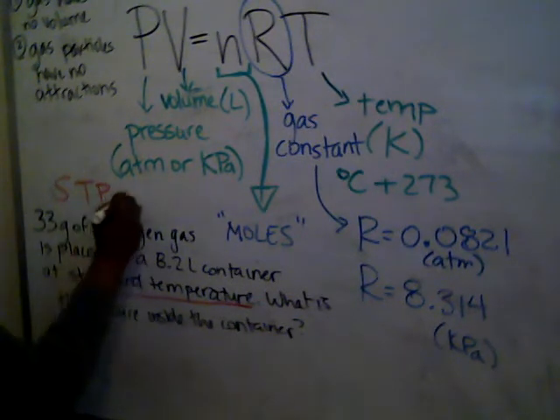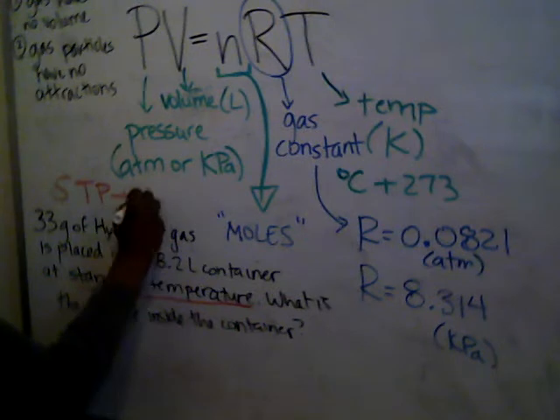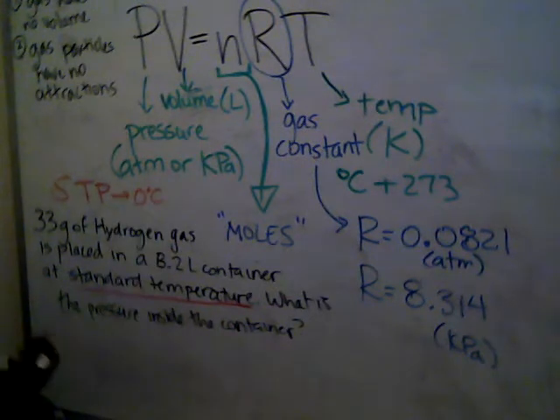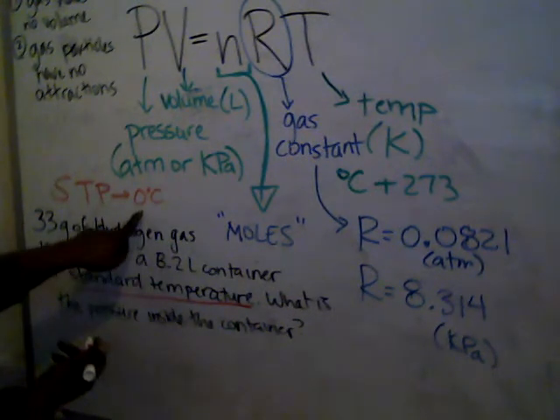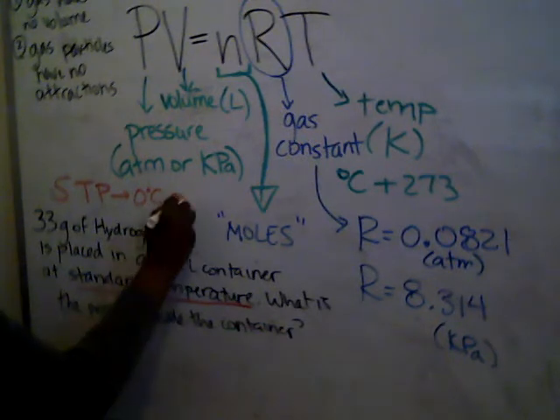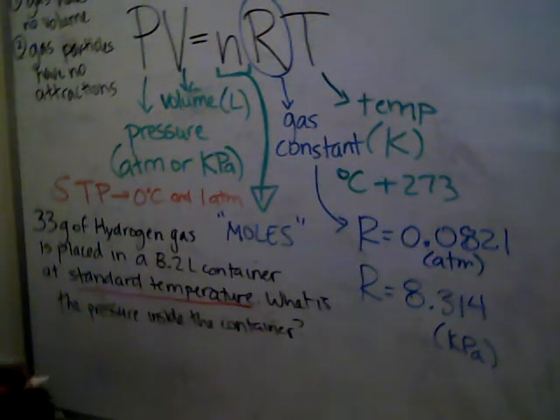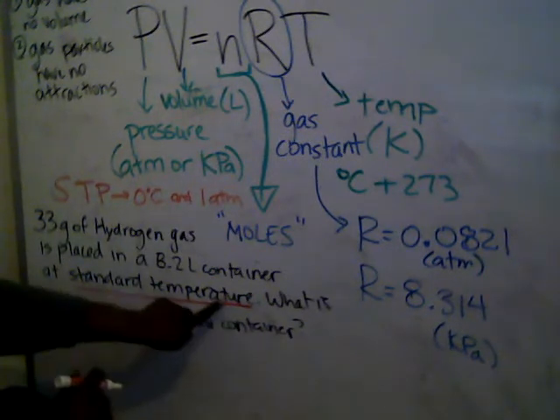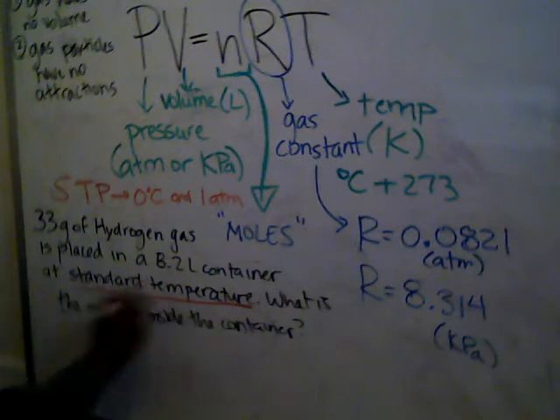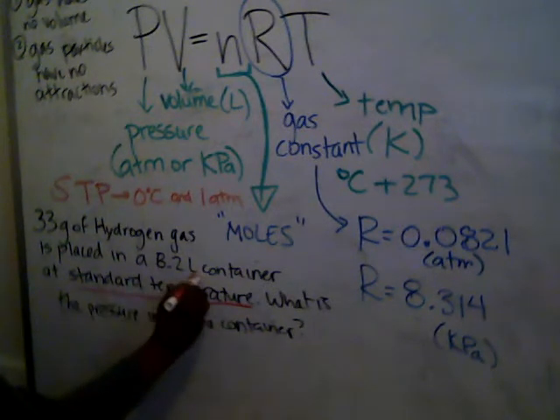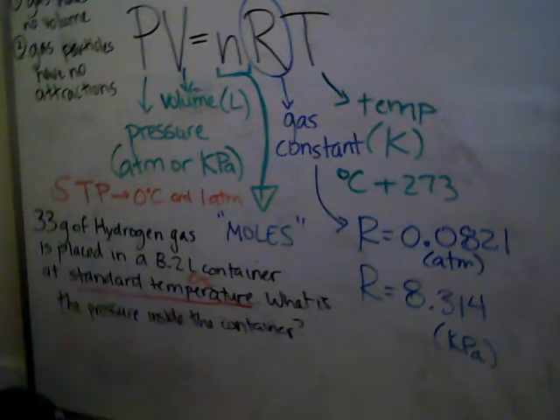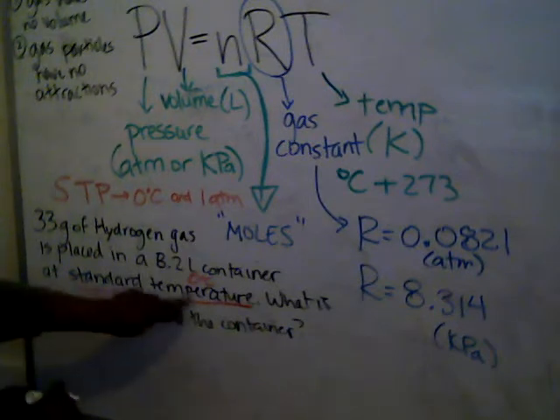STP means that we're dealing with 0 degrees Celsius or 273 Kelvin, because we know we can convert that into Kelvin, and we're dealing with 1 atmosphere for the pressure. So that's what STP stands for. So when we say standard temperature in this word problem, that's a fancy way of telling us our temperature is 0 degrees Celsius. So we have a temperature.